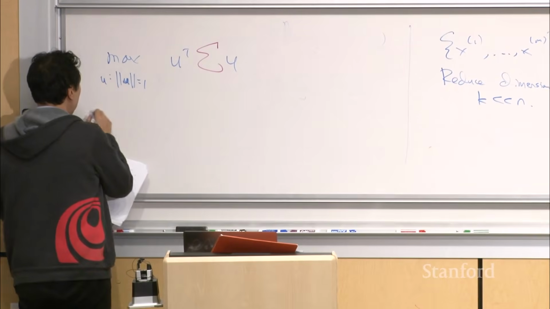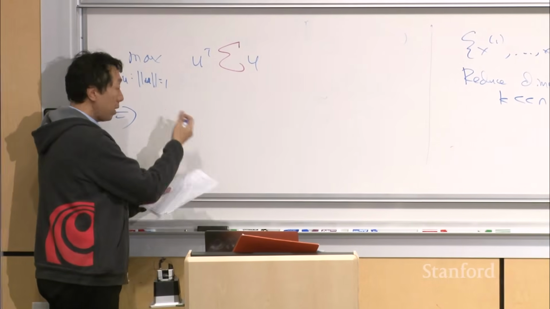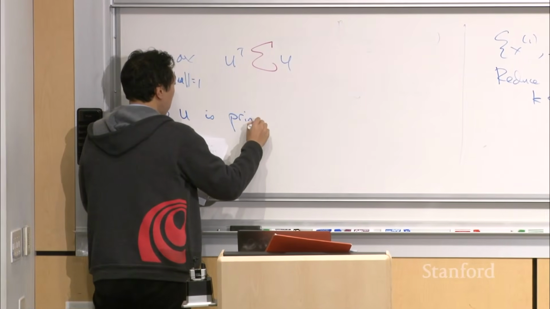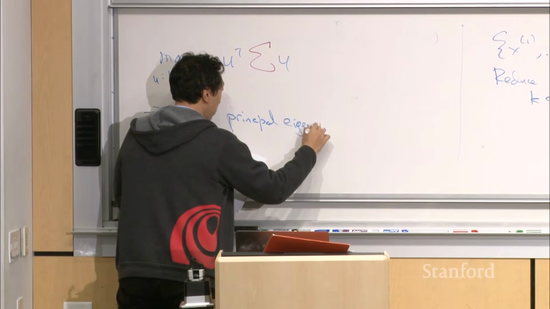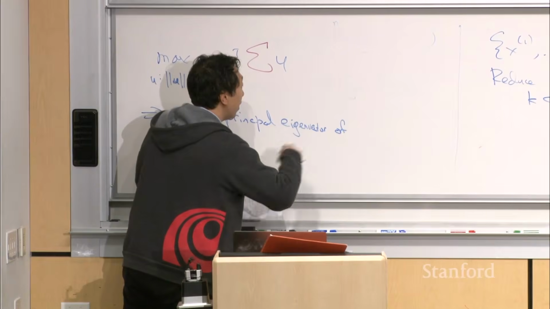And it turns out that the way to solve for the value of u that maximizes this is that u is the principal eigenvector of the matrix sigma.